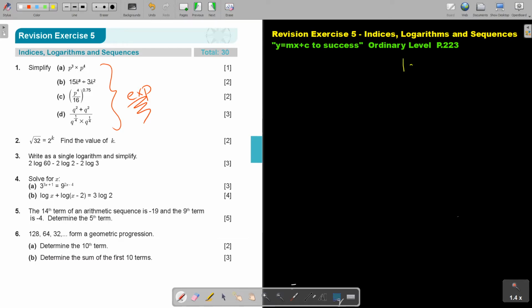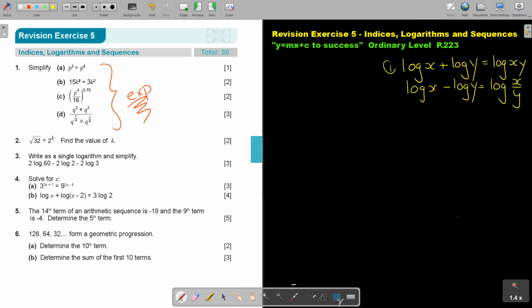So it's going to be log, and because it's all base 10, I'm just going to write it like this: log x plus log y equals log xy, and then log x minus log y equals log x over y.